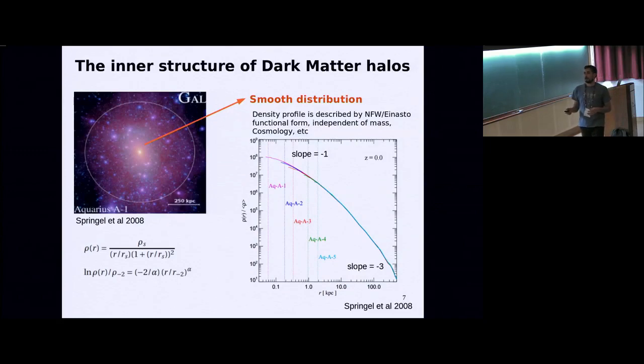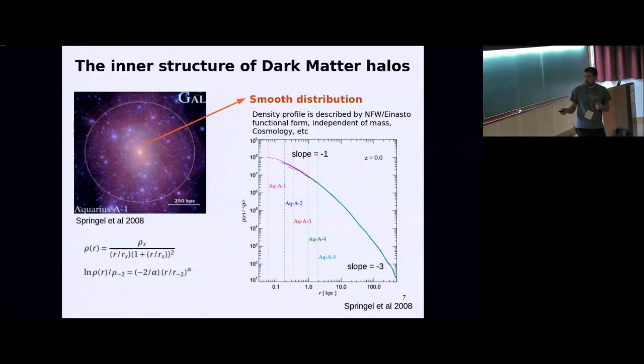The NFW, which was proposed 10 years before this, is a very accurate description; the measured slope is very close to -1 inside and -3 outside. But if you look in more detail, you see that it's actually not quite correct. The slope is never really -1. It's smoothly varying, and it doesn't really have a clear asymptotic limit.